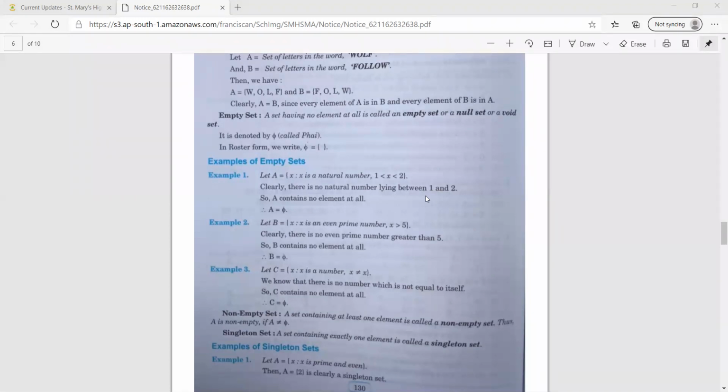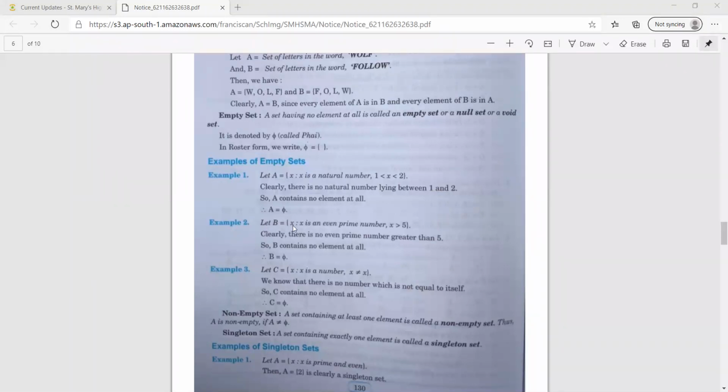So greater than 1 and smaller than 2, we don't have any natural number. So this set will be an empty set. Clearly there is no natural number lying between 1 and 2. So A contains no element at all. Therefore A equals phi, an empty set.